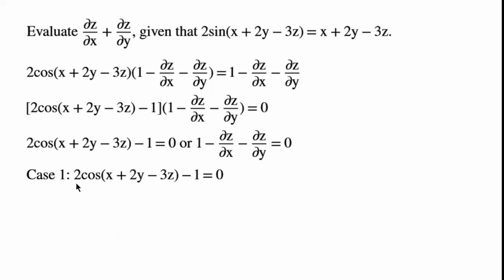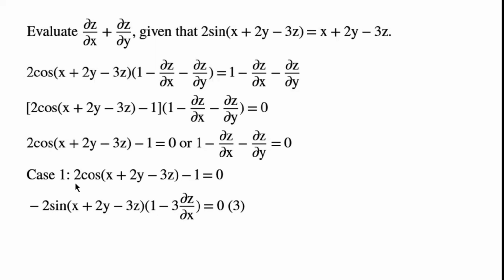Case 1: 2 cos(x + 2y − 3z) − 1 equals 0.